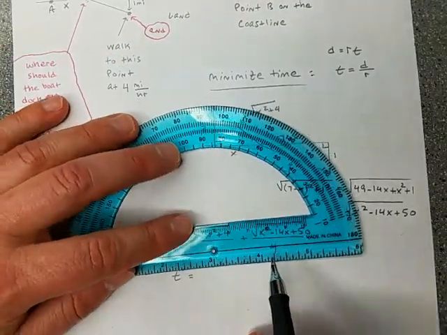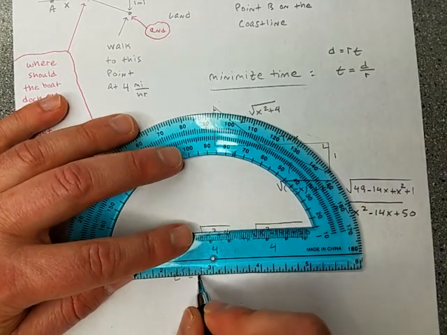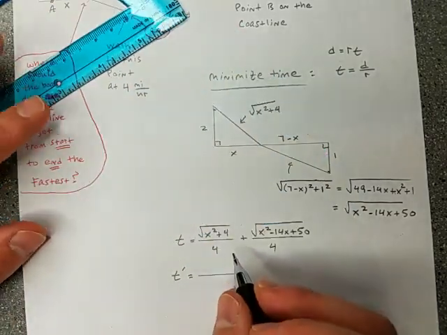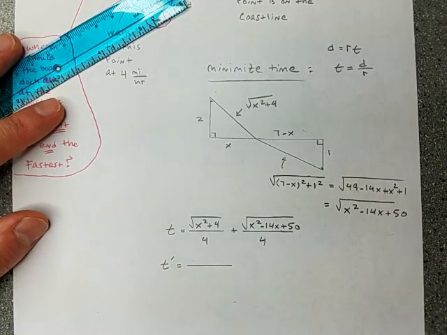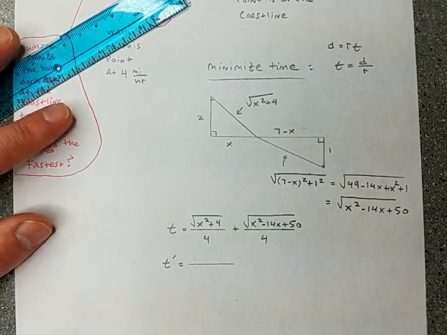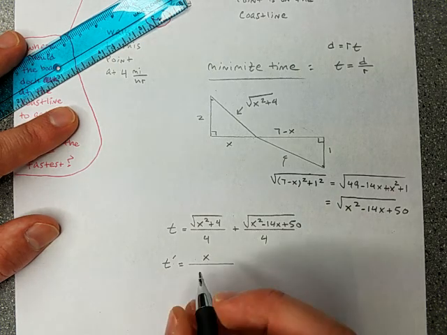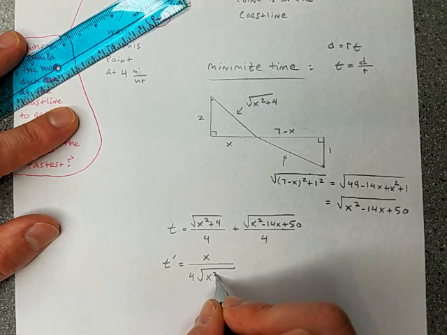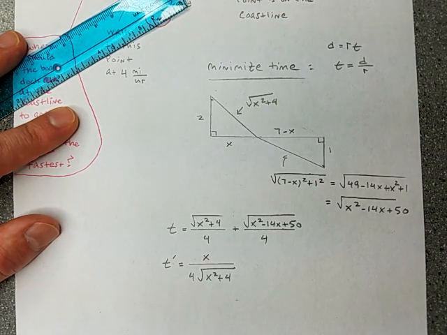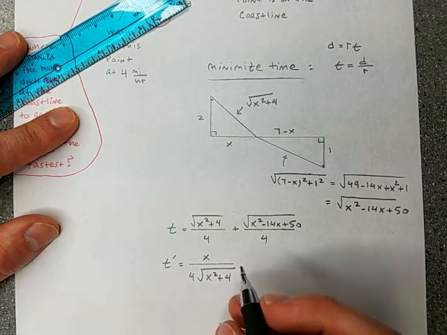And the derivative that you're going to get, where I'm going to save a little time and space, because I think at this point you can probably find the derivatives. If you have trouble with this part of it, then you can ask me, but it's x over 4 root x squared plus 4. Okay? All right, for that one.